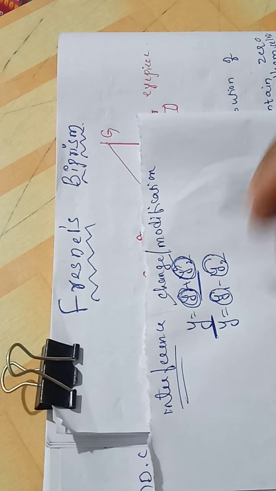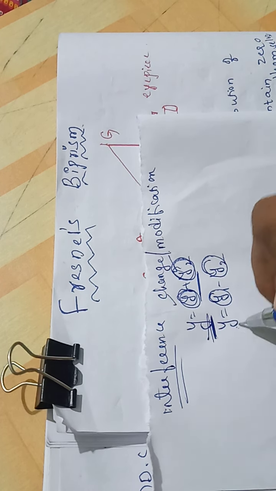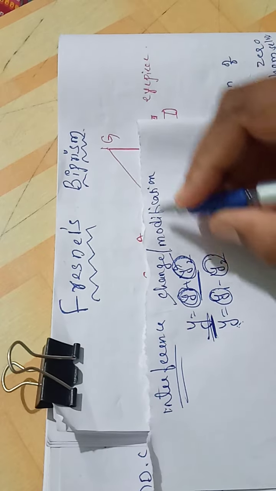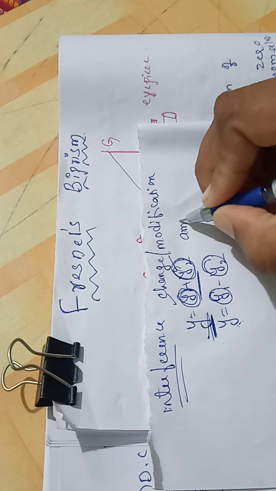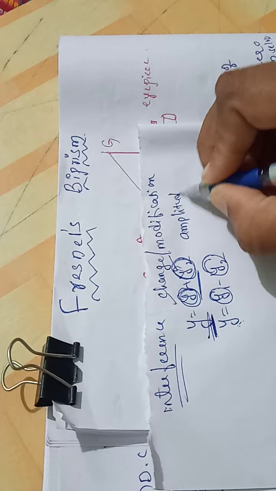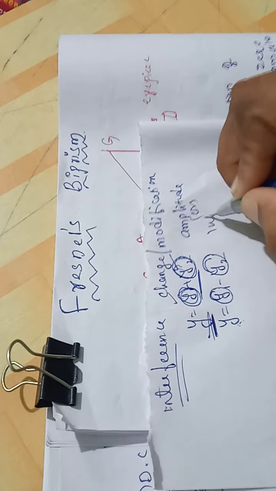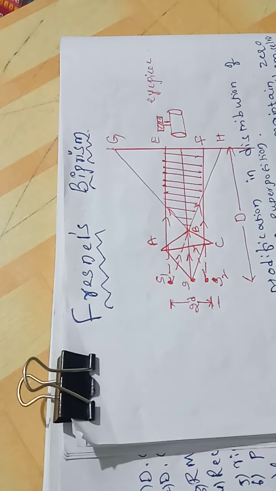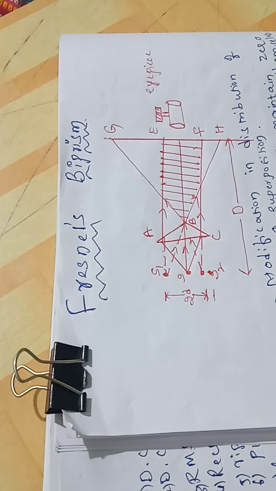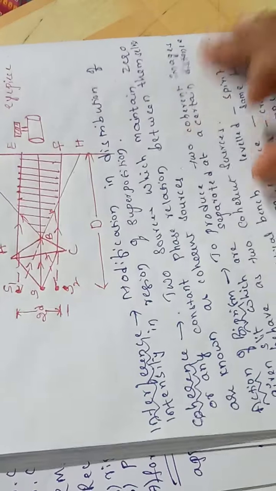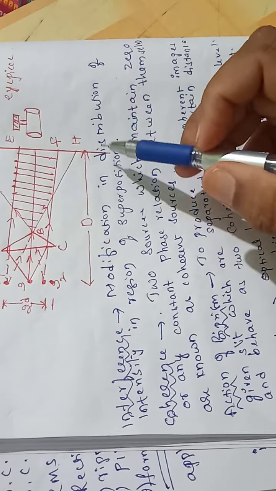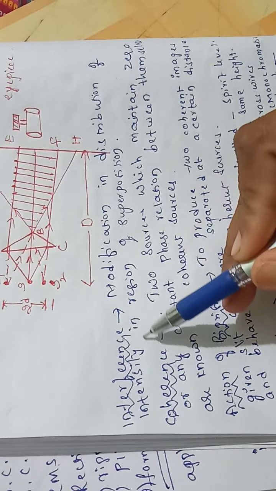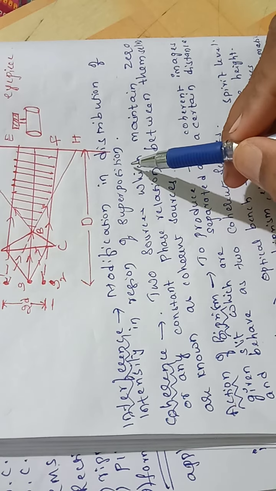So this change or modification in resultant displacement, amplitude or intensity in the superposition region, we call it interference, the modification in distribution of intensity in the region of superposition.